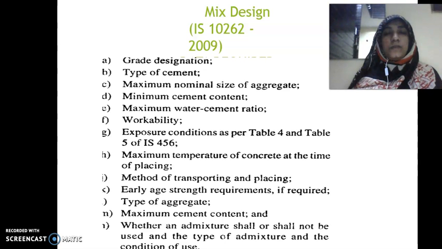Now, these are the parameters required for concrete mix design.